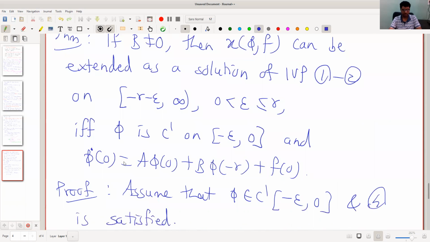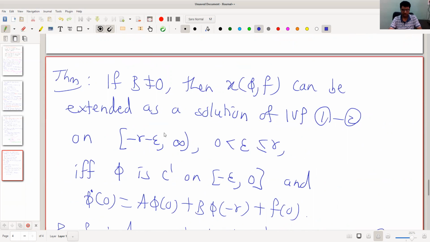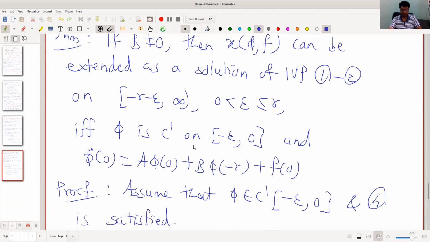Now the converse part. If we assume that x can be extended as a solution of IVP 1 on minus r minus epsilon to infinity, then that means x is defined on this interval also.